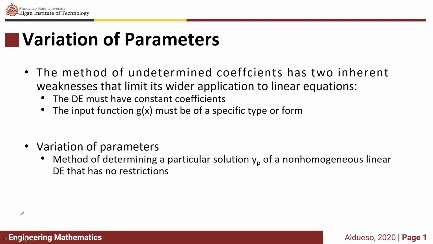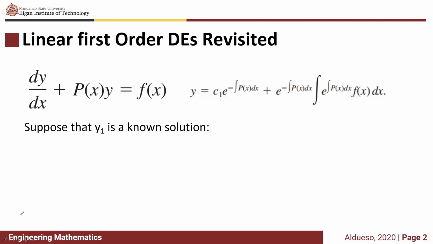Variation of parameters is the method of determining a particular solution yp of a non-homogeneous linear differential equation that has no restrictions. Now let's take a look back at this linear first order differential equation. We have this form.